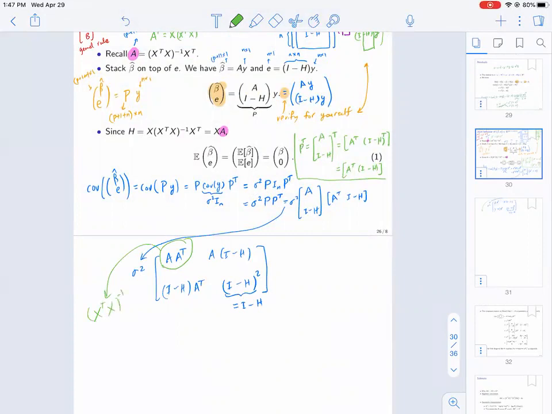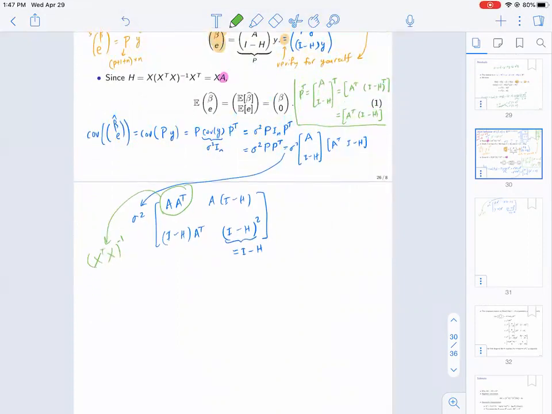We did this in the calculation of the beta. And this one, you're going to show for yourself that this is actually 0. This is the transpose of it, so this is also going to be 0. So what you end up showing is that sigma squared times X transpose X inverse, 0, 0, and I minus H. Or if you want, you could write it like this.